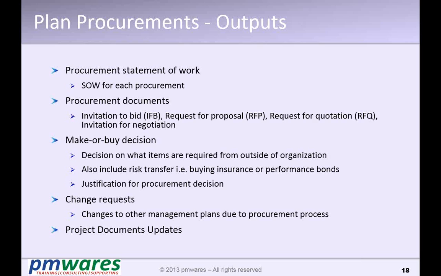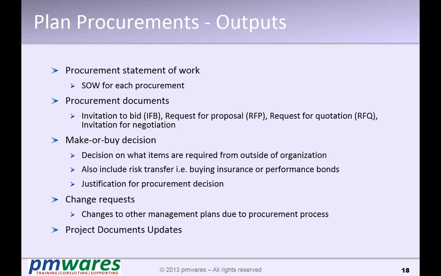Invitation for bid is similar to the request for quotation, but a request for proposal is more descriptive. It not only has a quote, but also explains how you're going to execute this project. What is your methodology? What are the resources? How are you going to perform this? So not only the quotation, but also an explanation of how you're going to do it, what people you have, and what methodology you will use.